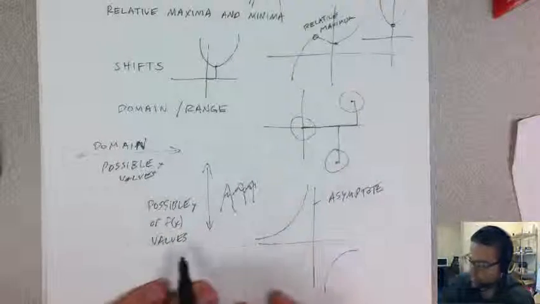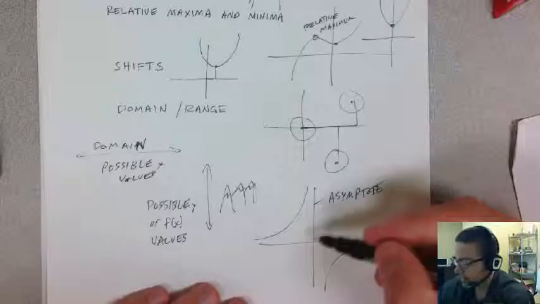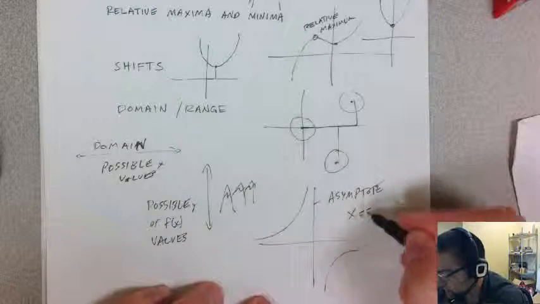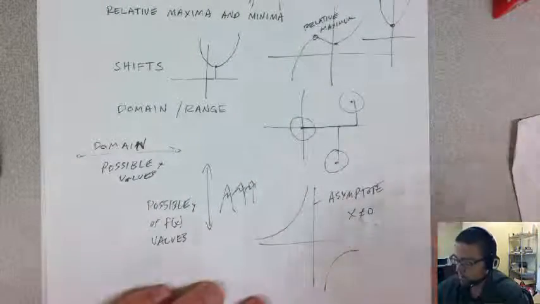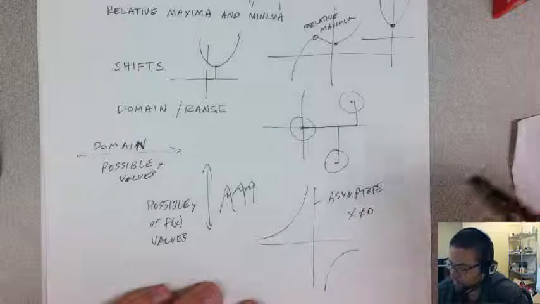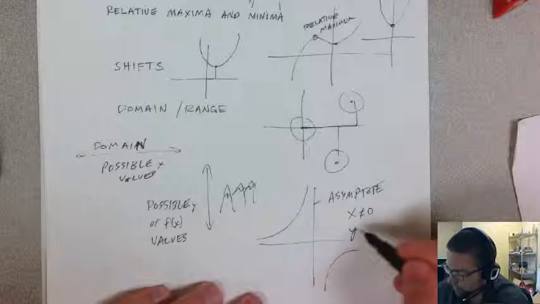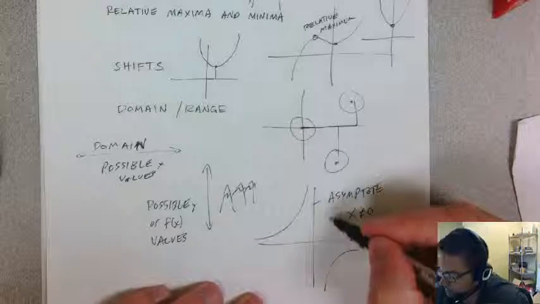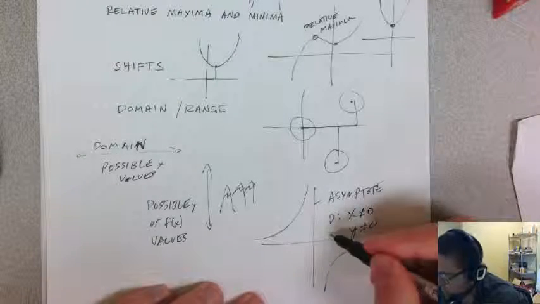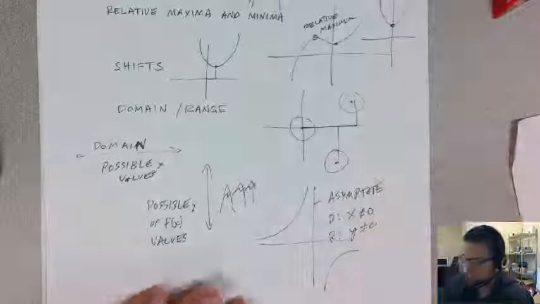So we might say all x values work except 0. So we say x is not equal to 0 in the domain. Also, it looks like in the y range that y could not equal 0. So the domain is x is not equal to 0, and the range is y is not equal to 0.